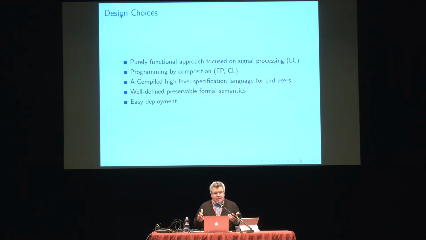Now, many standard languages like JavaScript or Python have functional programming elements. But in a purely functional programming language, what you can do is only describe mathematical functions. So what is a mathematical function? It's something where, when you put in the same input, you always get the same output. That's the informal definition of a mathematical function.